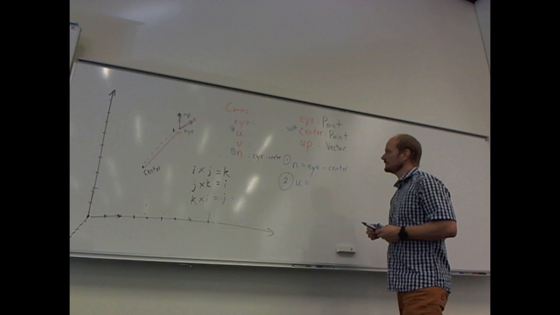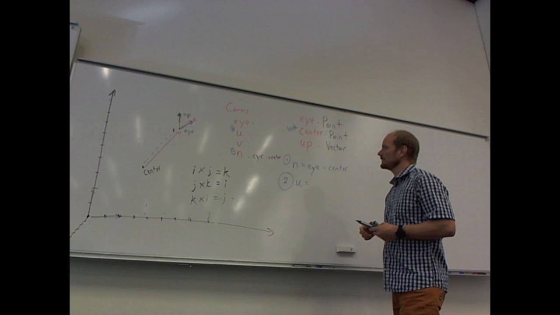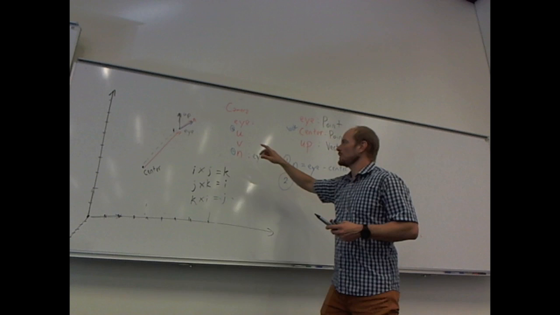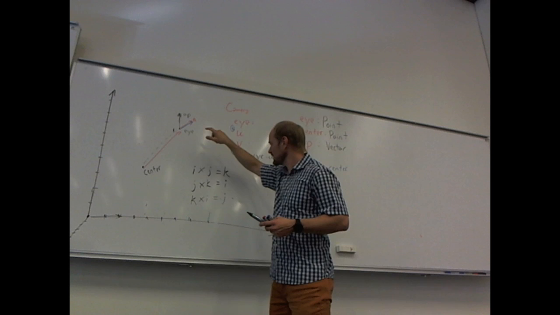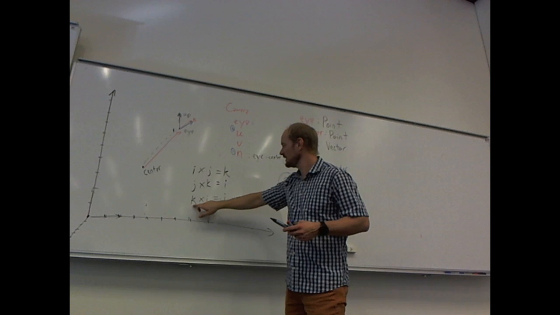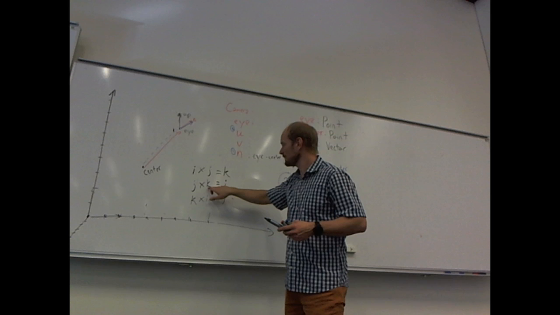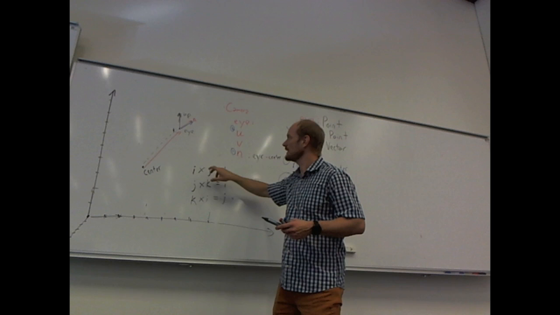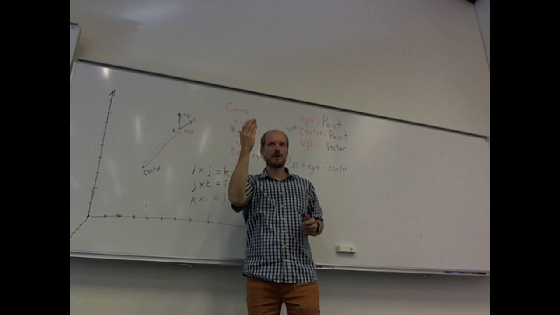So we have the n vector, which is the z-axis, basically k. Then we have something that kind of represents the directly up vector. It's not the correct one, but it represents it in this calculation.